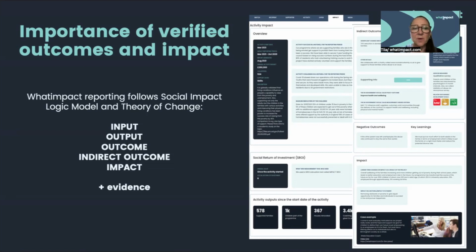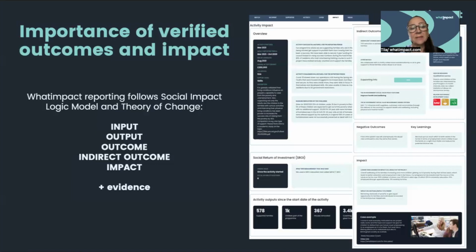But we need to focus on the outcomes, which are short-term changes, and indirect outcomes, which might be some kind of byproduct of your outcomes, something that you didn't intentionally do, but there is some kind of change happening despite your direct efforts. And then the longer term impact, what you are trying to achieve and what you believe or can verify that you have already achieved.